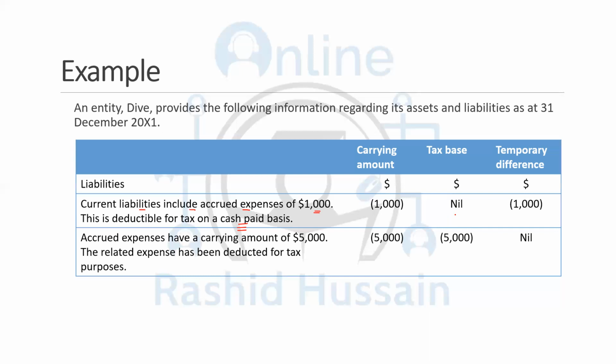So how we can see this: nil is 0 and this is the negative figure. So here the tax base is more than the carrying amount, which gives rise to the deductible temporary difference. And when you multiply it by the tax rate, you get the deferred tax asset. So just simply remember, that deferred tax is actually the future tax consequence, which you are recording either as the deferred tax liability or the deferred tax asset.